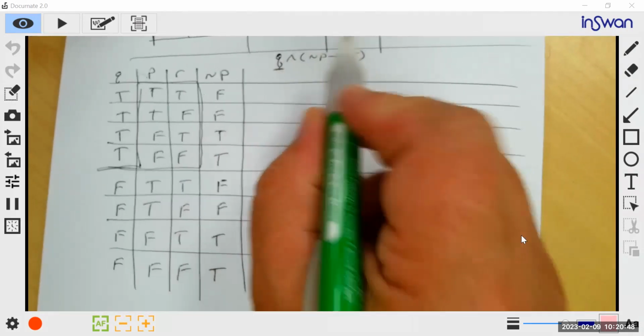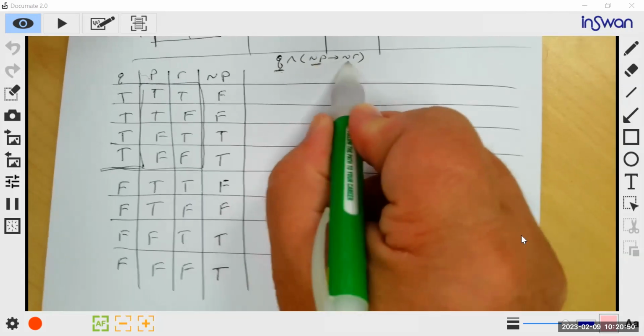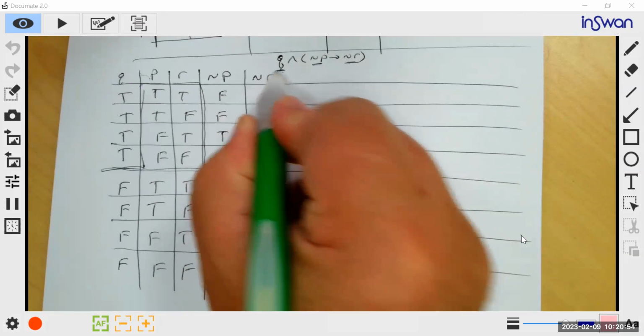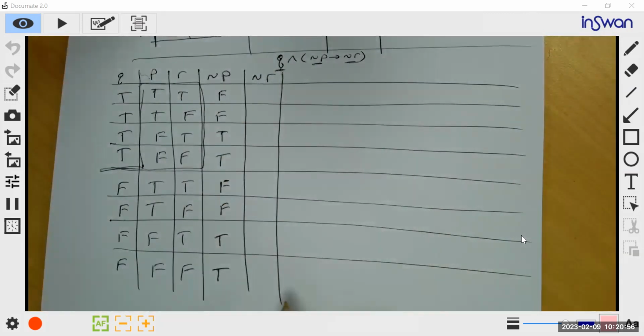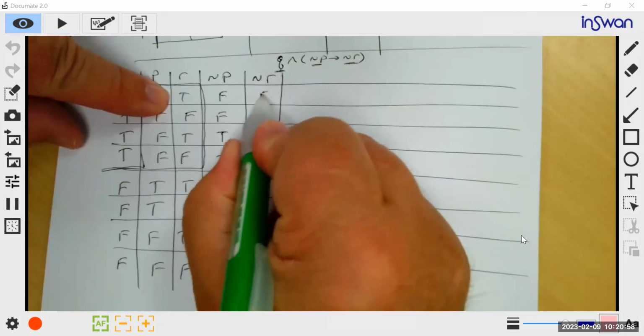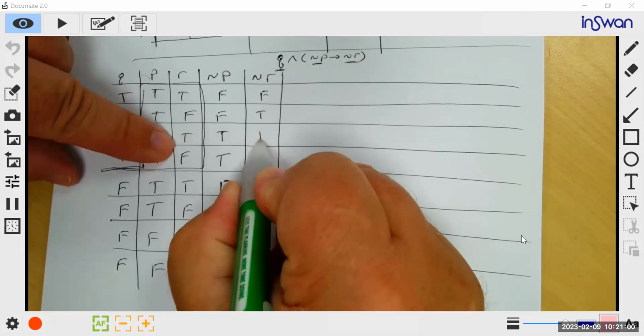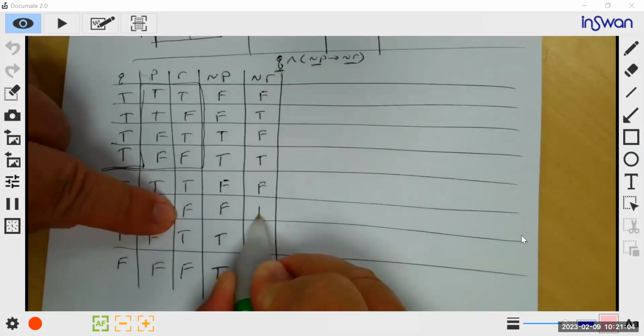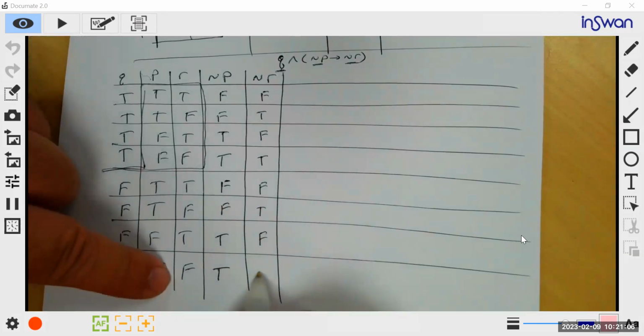Okay, we have Q, we have not P. Do we have not R? No, we have to build the not R: false, true, false, true, false, true, false, true.